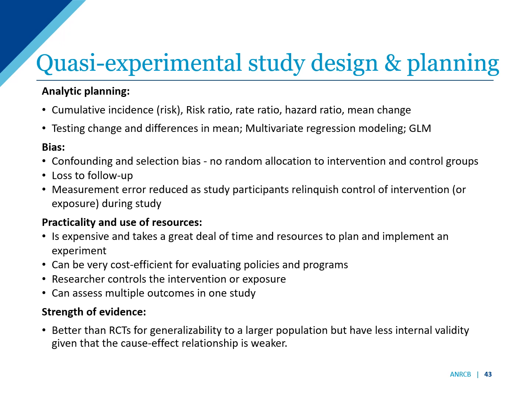In quasi-experimental studies, your measures depend on the design, but usually measure change and differences in means or standard risk and hazard ratios. But for complex studies, you'll likely implement some kind of regression modeling or GLM or multivariate regression.